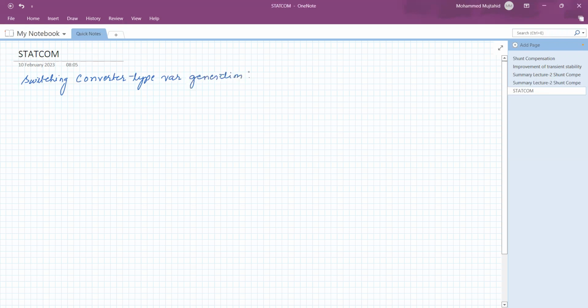Again, VAR generation means both generation as well as absorption. Generation means capacitive reactive power, and absorption is inductive reactive power.